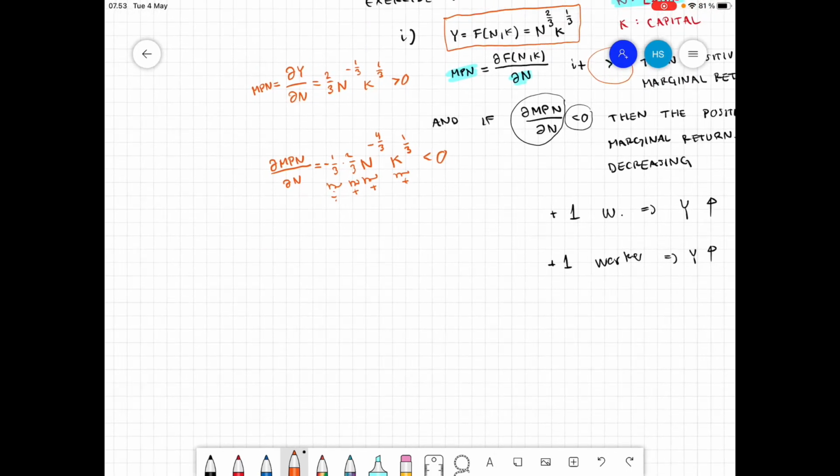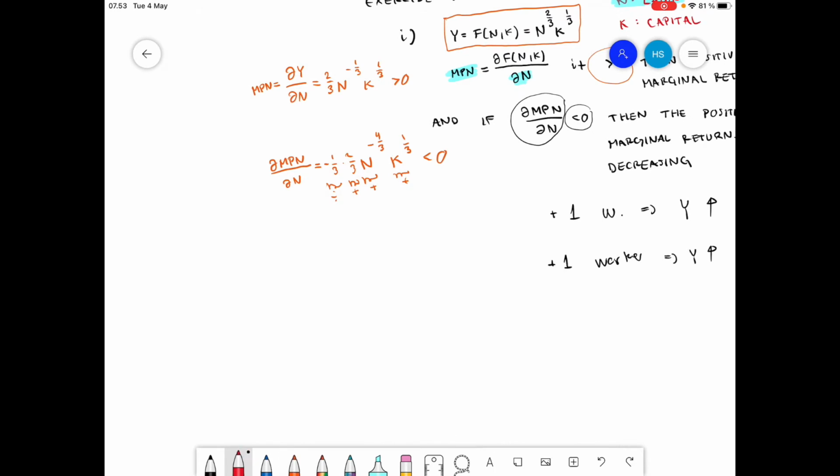And then we do the similar thing just for capital. Does this production function exhibit positive marginal returns to capital? Let's figure it out. So we differentiate the production function with respect to k. If we do so, we get the marginal product of capital.